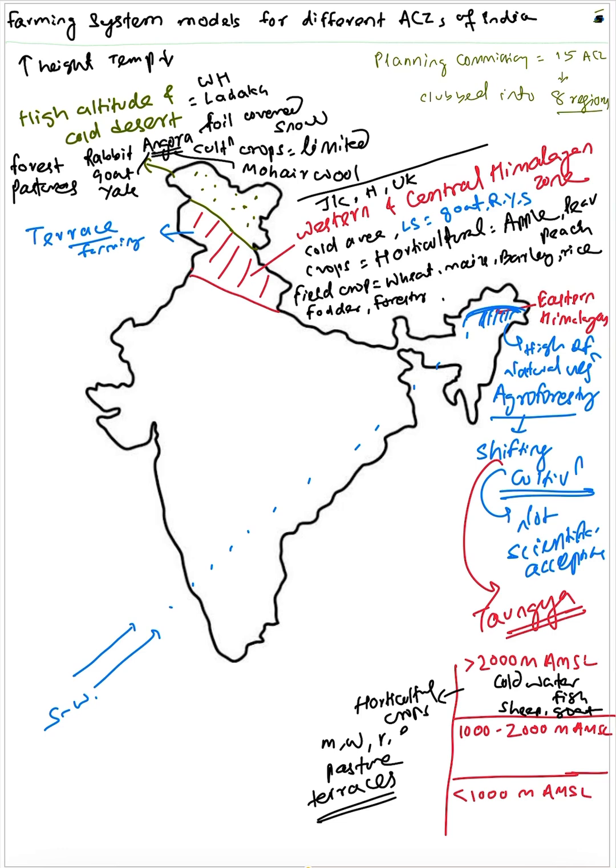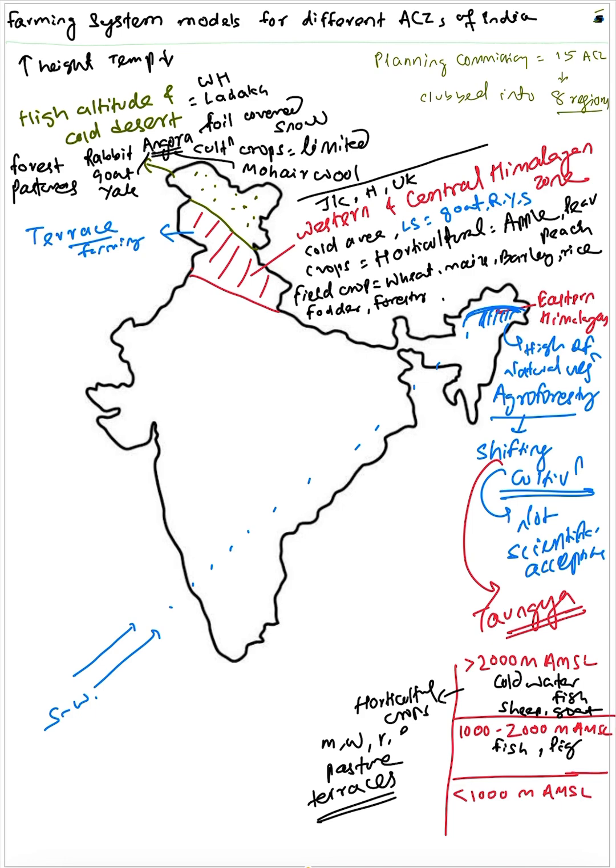With respect to 1000 to 2000 meter above mean sea level, because of the waterlogging condition due to high rainfall, in some areas you can also go for fishes. And in these regions the major consumed livestock is pig, so piggery is the major farming system unit you can take here.